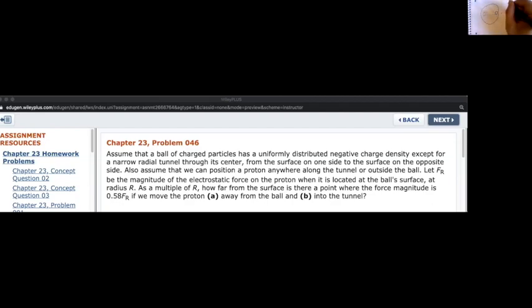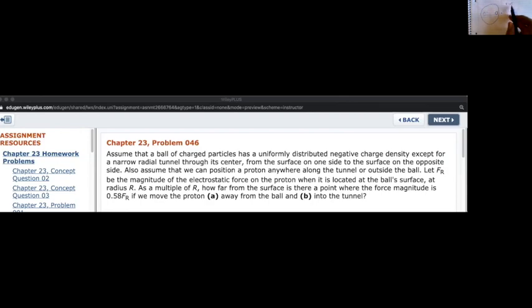Well, we know that force is equal to e, the charge of our proton, times the electric field. Now, what's it asking for? What's the magnitude of the force on the proton away from the ball and into the tunnel?